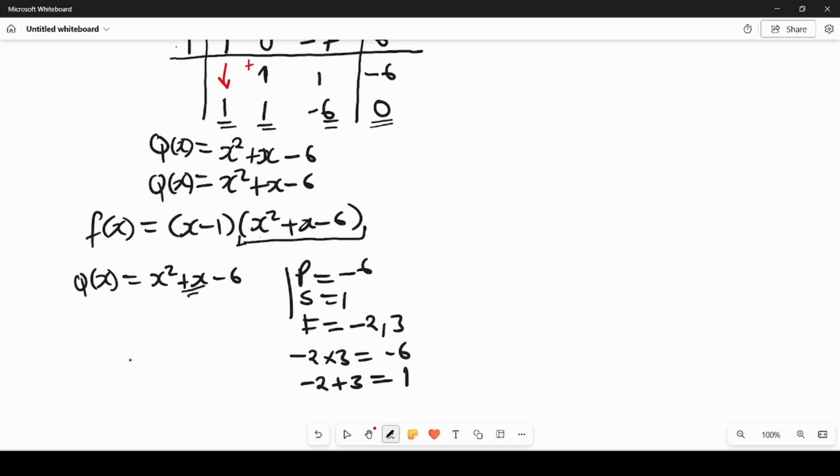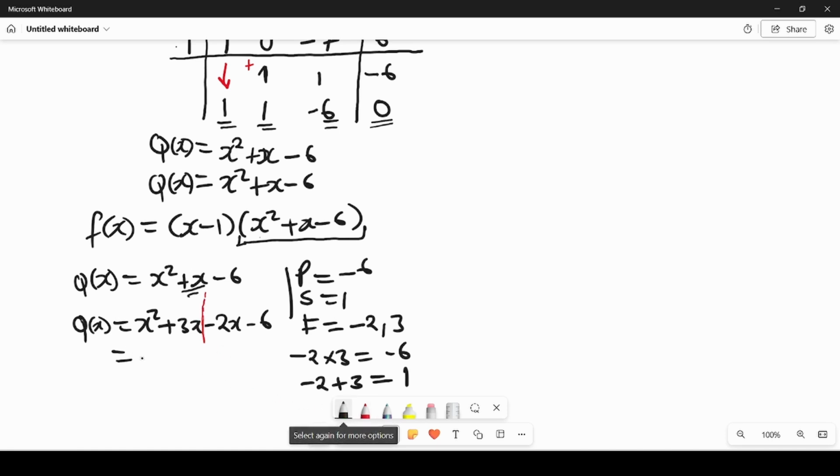When I add negative 2 and 3, I get 1. So it means my quotient will be equal to x squared plus 3x minus 2x minus 6. Factorize the first two terms: what is common is x, and x plus 3 remains.